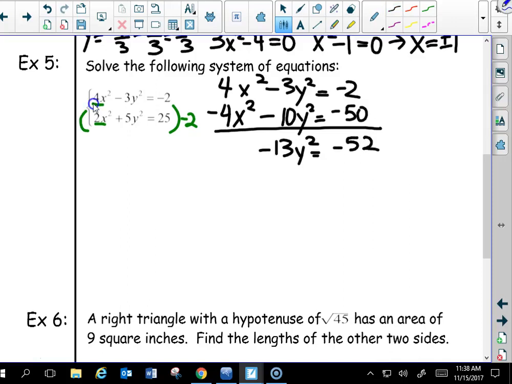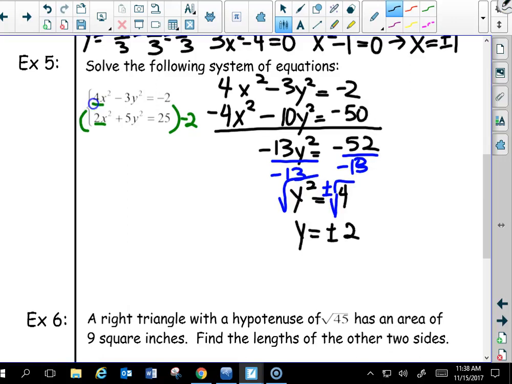And when I divide, I get 4. So y squared equals 4. Now I'm going to take the square root, and I get y is equal to ±2.